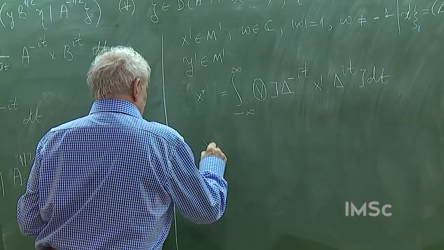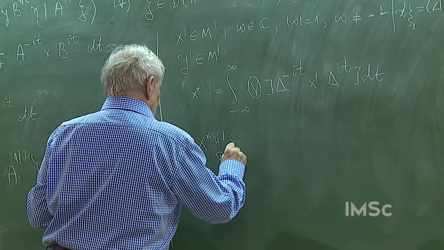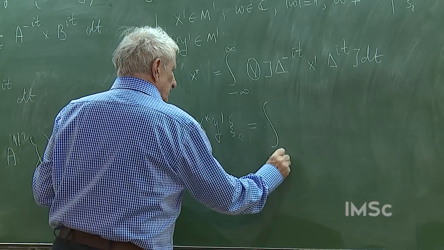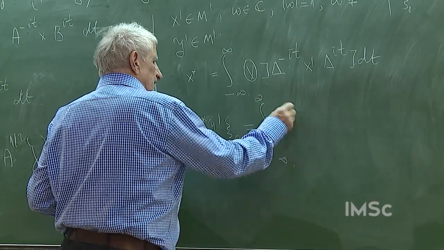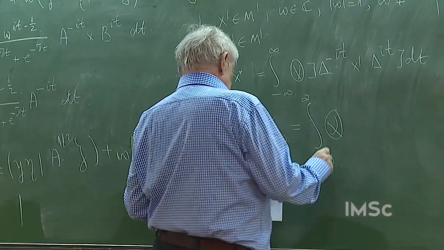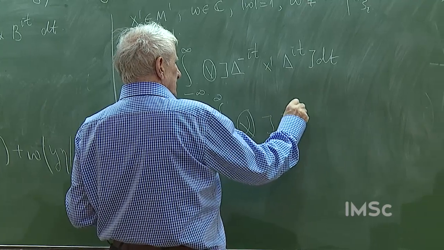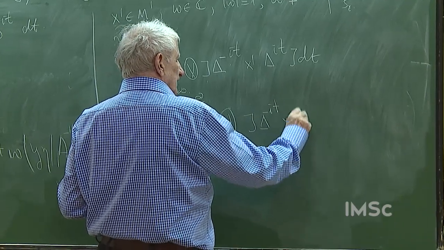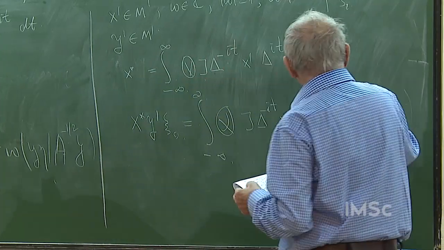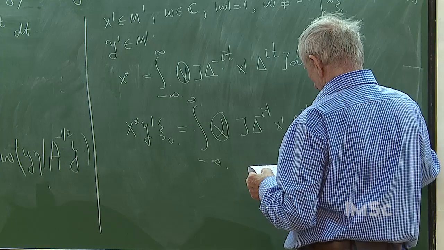And now what I get is x star y prime psi naught is equal to the integral from minus infinity, this normalization factor, J delta minus it, x prime, delta power it, J y prime psi naught dt.